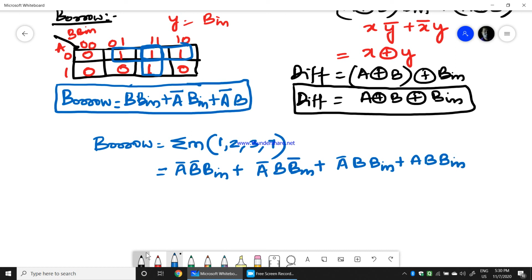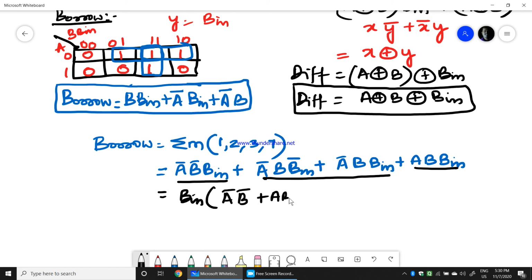So in this expression, what can I take common? In these two, I'll take A bar B common, whereas in the other two, I'll take B in common. Taking B in common, I get A bar B bar plus AB, whereas taking A bar B common, I get B in plus B in bar.